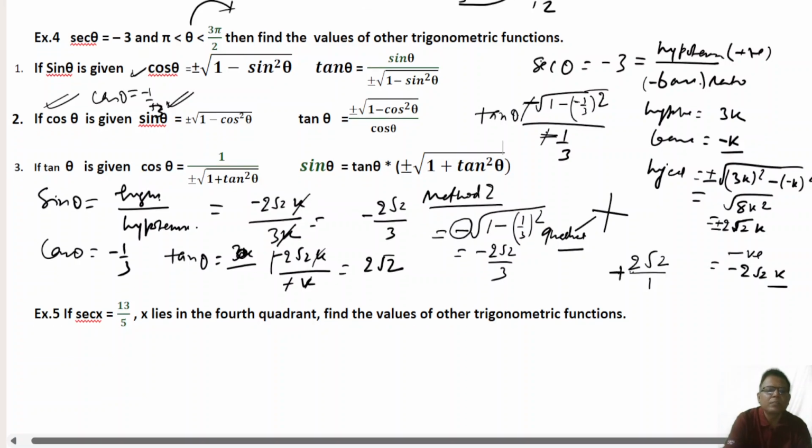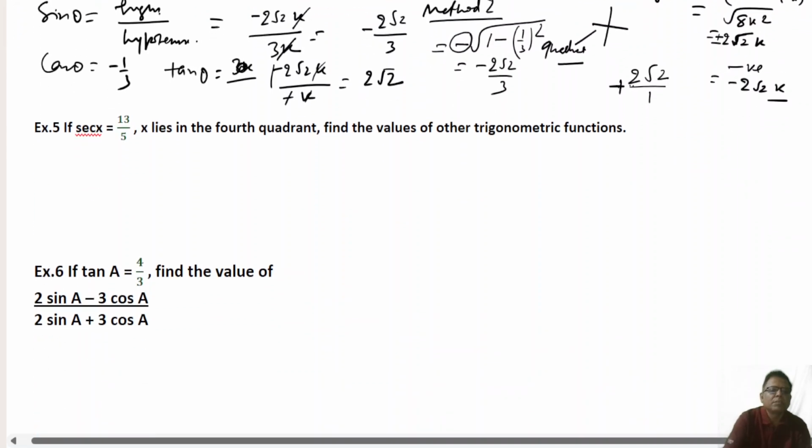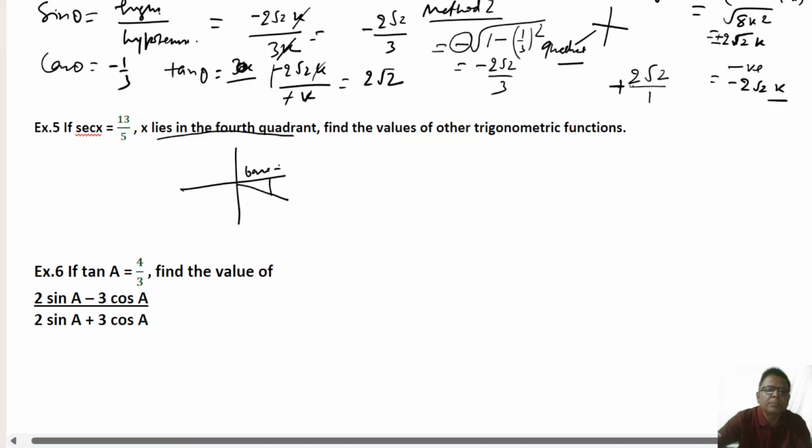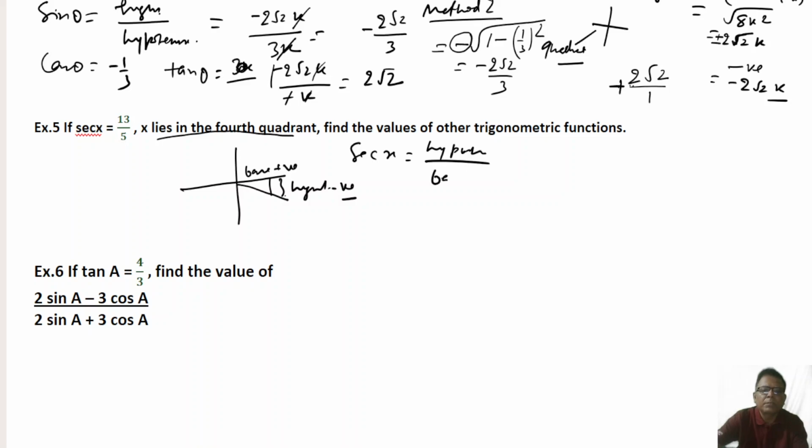Now come to the fifth question. The fifth question lies in the fourth quadrant. So here base is positive, height negative. So sec x is hypotenuse by base.